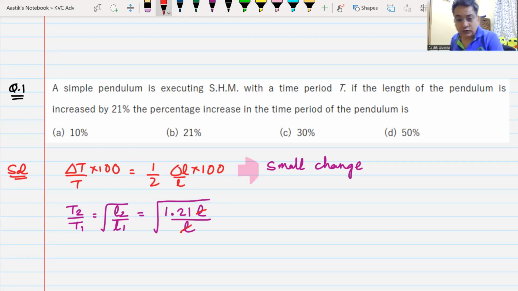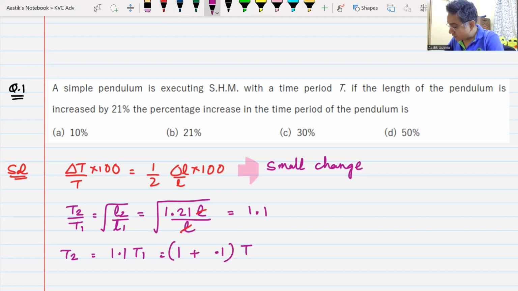Original formula, so root over 1.21, and that is 1.1. So my T2 is 1.1 times T1, so it is 1 plus 0.1 times T1. The original time period was T1 and the new time period is 1.1 T1.